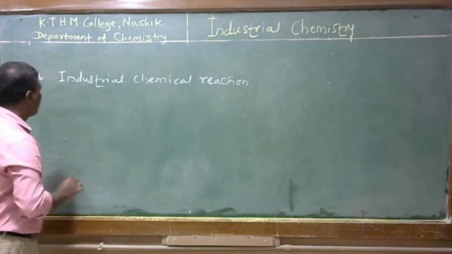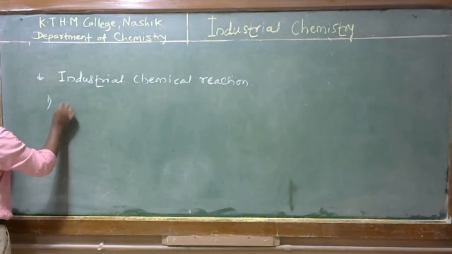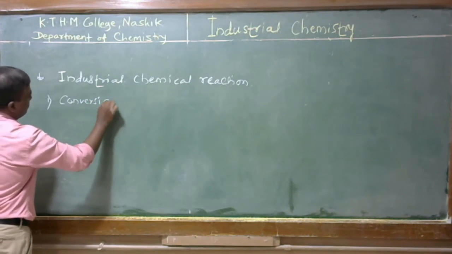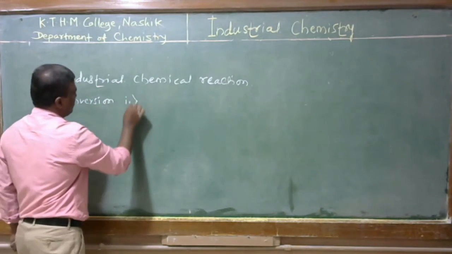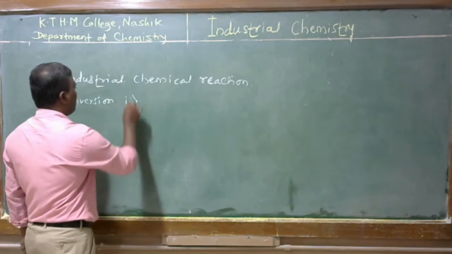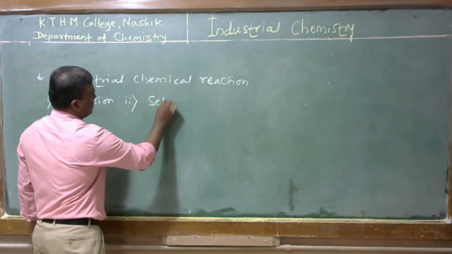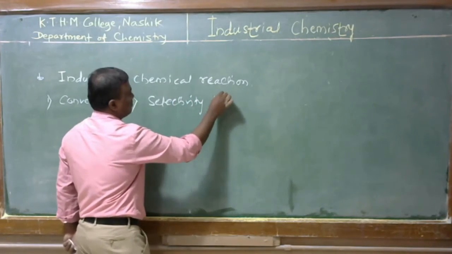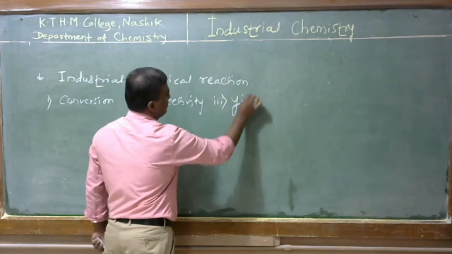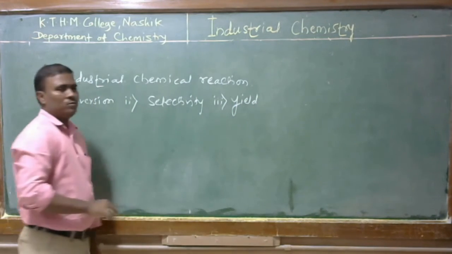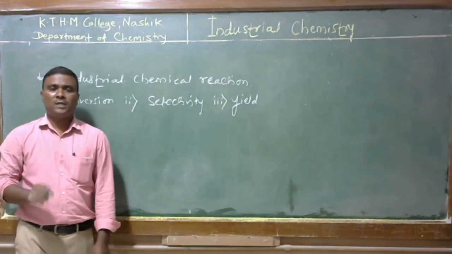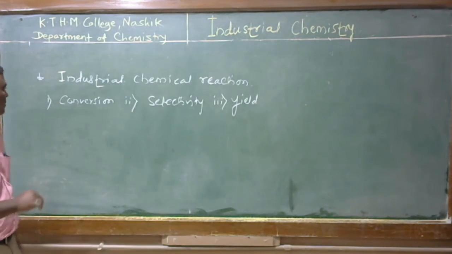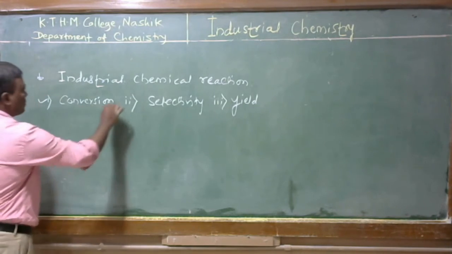In that, we are going to discuss conversion, second is selectivity, and third is yield. When we talk about any chemical reaction, not only an industrial chemical reaction, we generally take these 3 points into consideration.